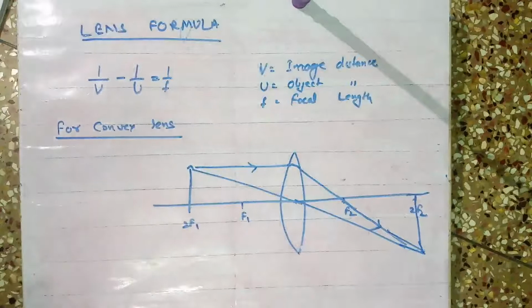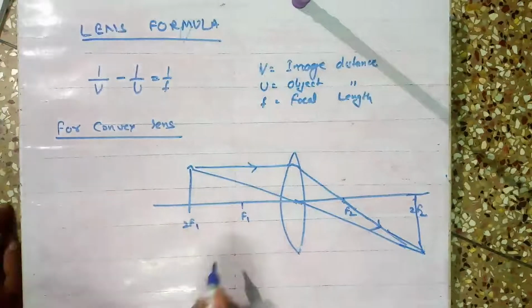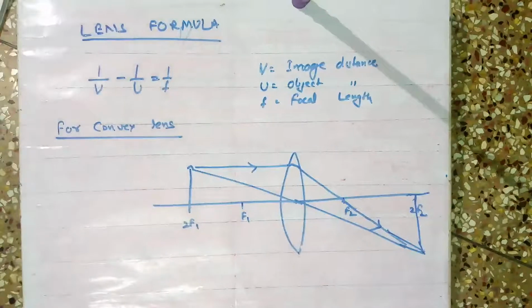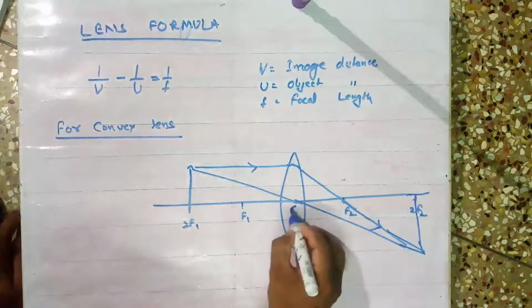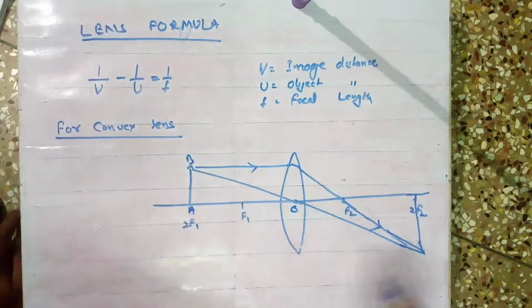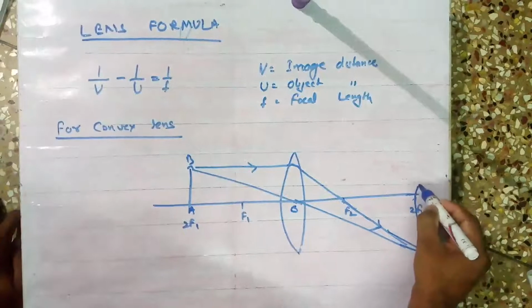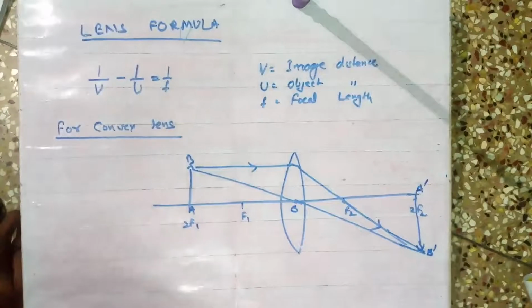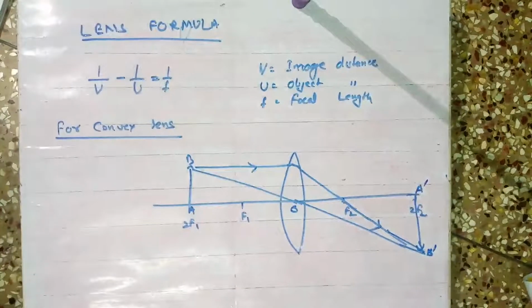Clear? Now this one is O, this one A, this one B. Object is AB, image is A prime B prime, inverted. Clear?